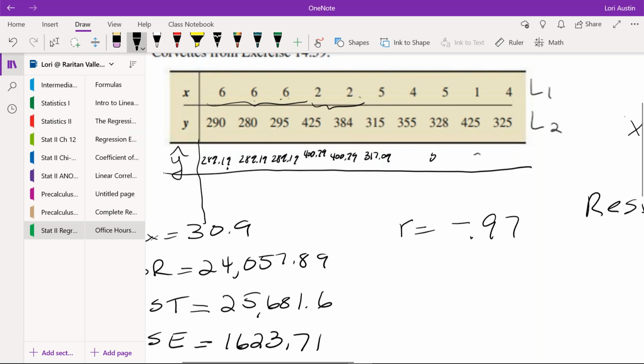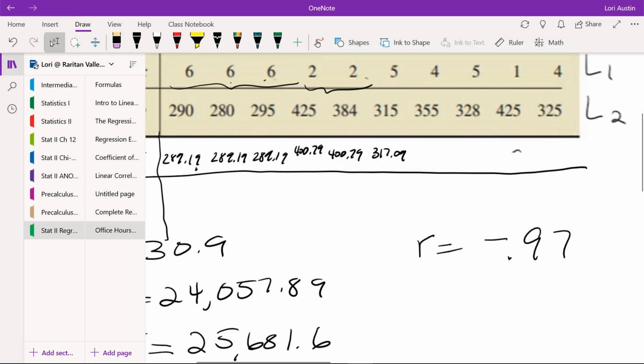And this is 5 also. For 4, I got 344.99.